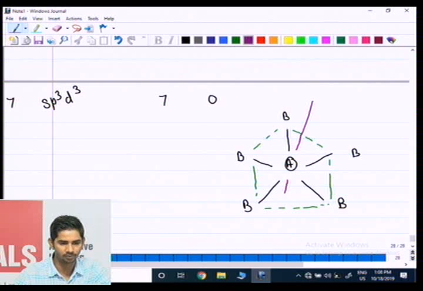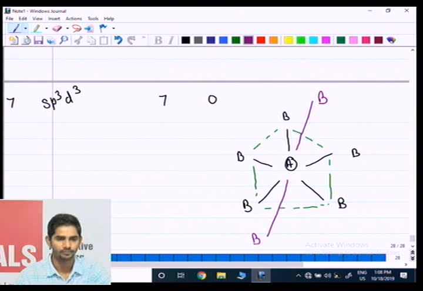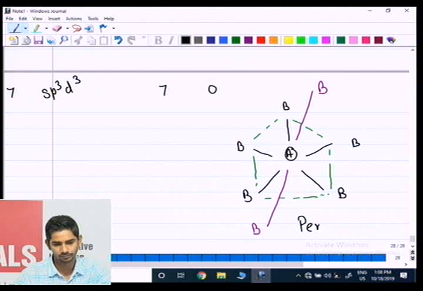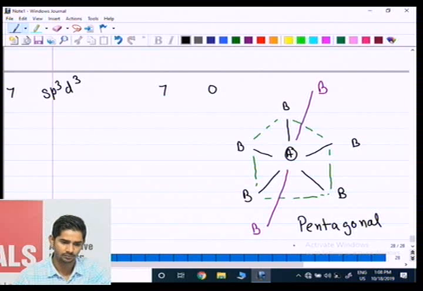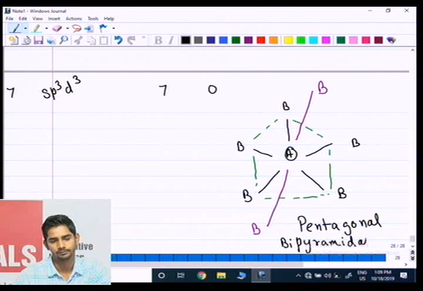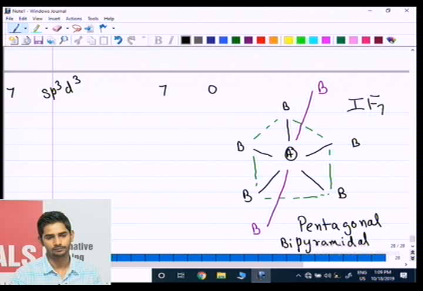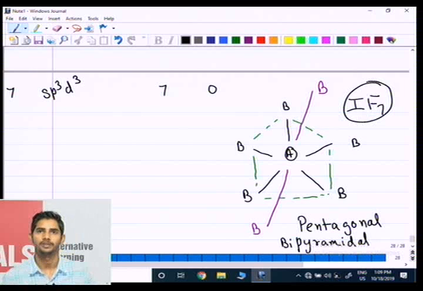And these are the perpendicular bonds. Okay. And the shape is your pentagonal bipyramidal. Pentagonal bipyramidal. The example known for this one is IF7. I'll discuss it.